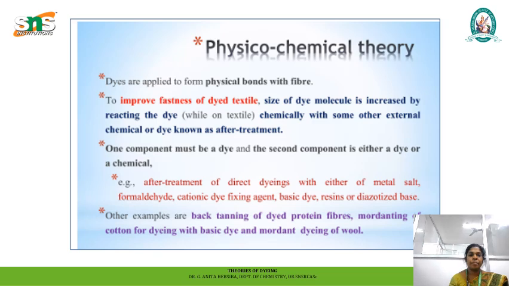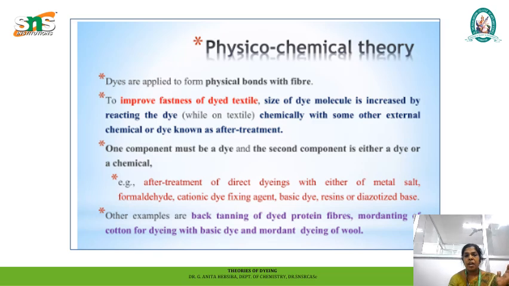The next theory is physico-chemical theory. Here the dyes are applied to the fiber. The interaction is a physical bond. To improve fastness of the dyed textile, the size of the dye molecule has to be increased by reacting the dye chemically with some other external chemical or dye by some after-treatments.